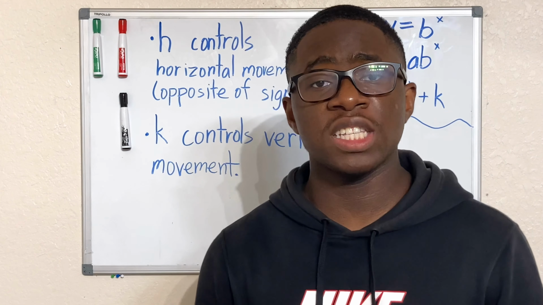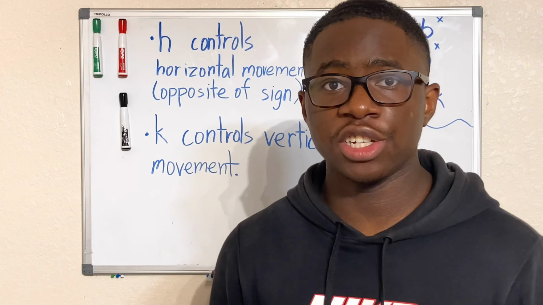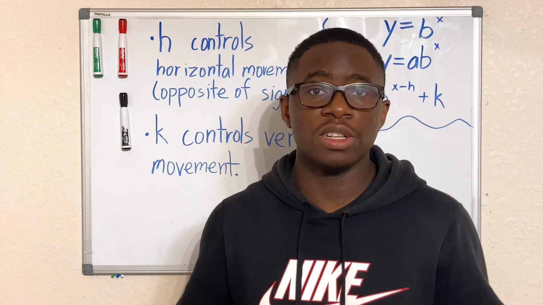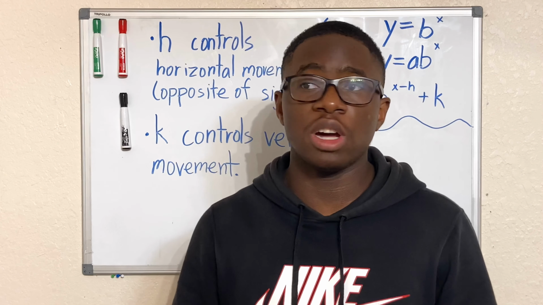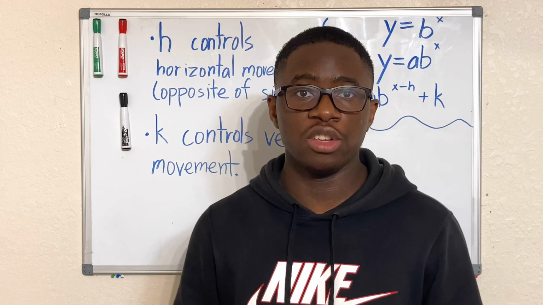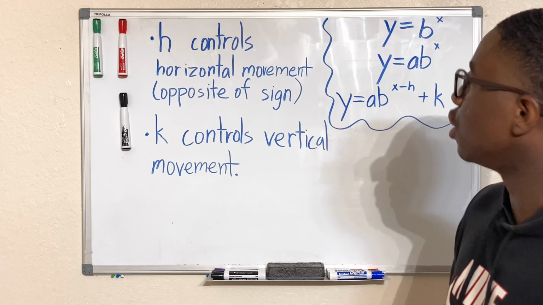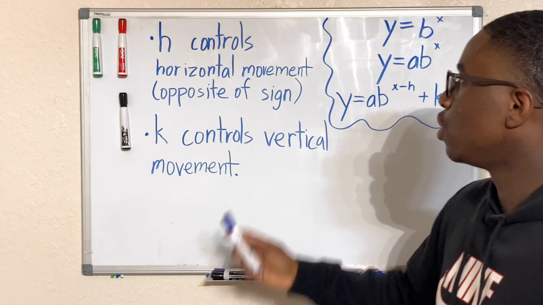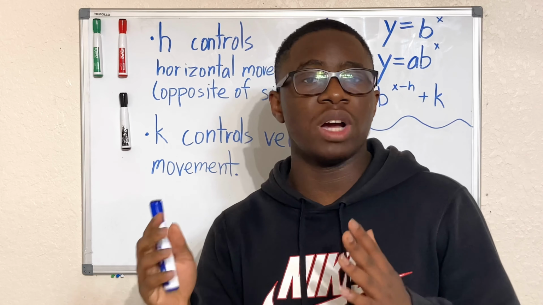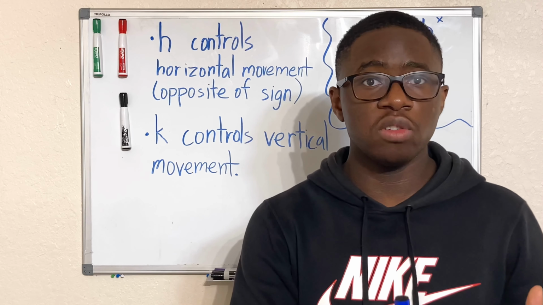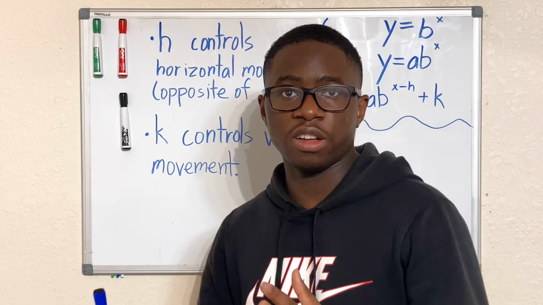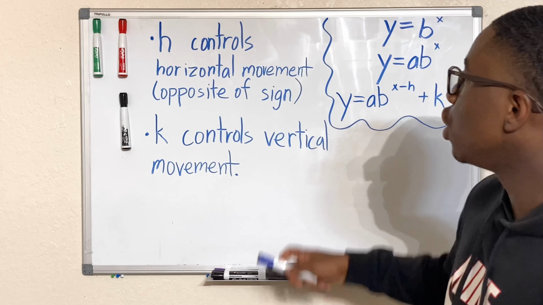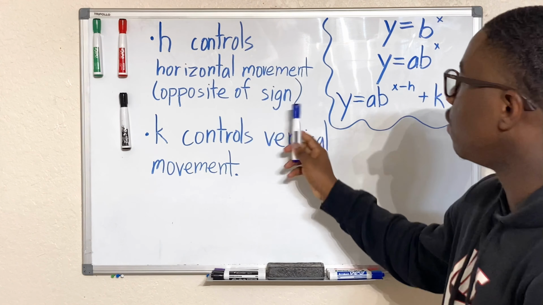All right, guys, last on our variable list, we have h and k. Now, this is no surprise to all of you. h and k are going to be on almost every function that you face. h basically controls horizontal movement. So it controls how many units to the left a function moves or how many units to the right a function moves. Now remember, it always moves opposite of the sign.